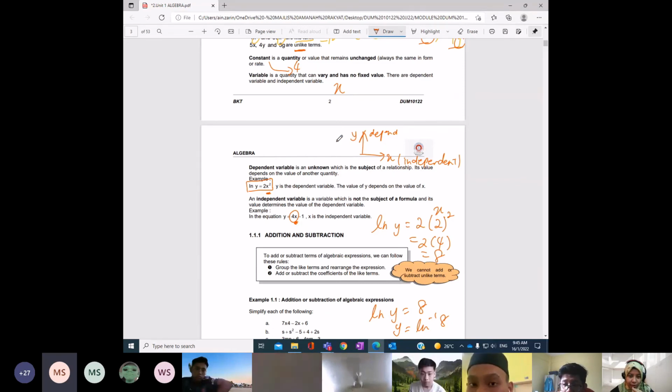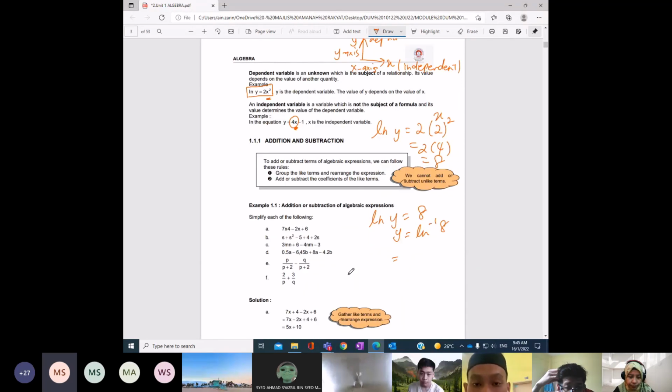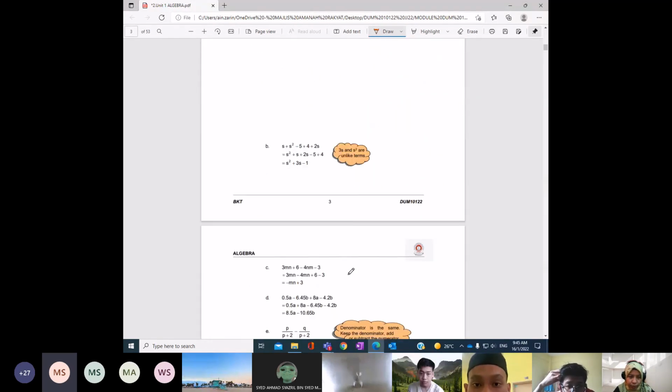Normally begitu. Okay, tapi not necessarily kalau we are talking about algebraic expression kena y and x. It can be anything that you want to put as the unknown. Alright, any question to ask so far?